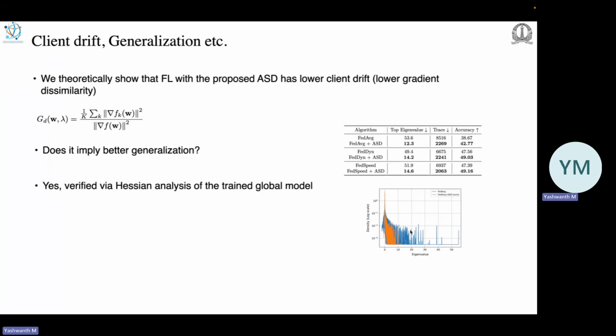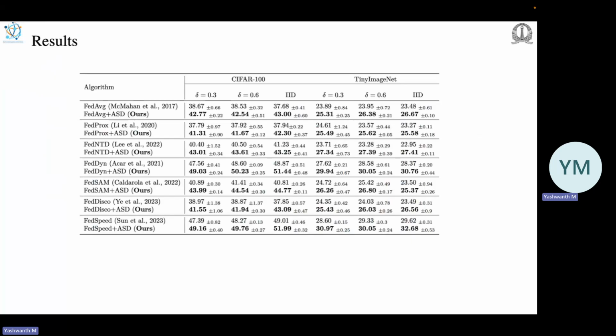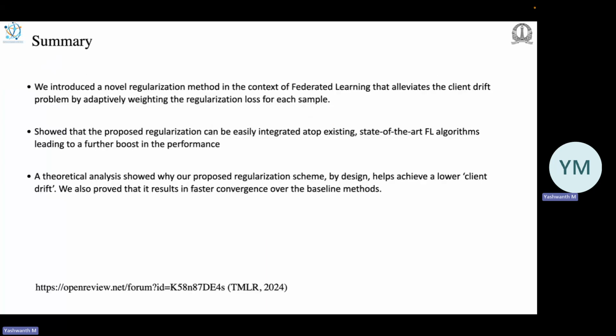We empirically verify that models converged using the ASD regularizer indeed converge to flat minima, as demonstrated by the top eigenvalue and trace of the Hessian of the training loss computed on the global model at convergence. So adding ASD improves the performance across the board, in different IID and non-IID settings and across the datasets.